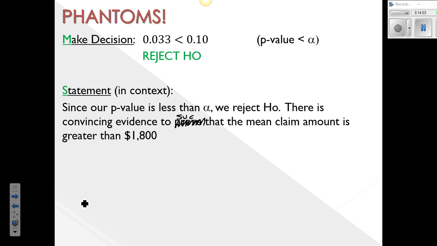I would say that would be the appropriate replacement word, if that makes sense. Because we would need to do this a little bit more often. We would need to replicate this to really use the word prove. Does that make sense? So I adjusted that. So there is convincing evidence to suggest that the mean claim amount is greater than 1,800. I think that's much better. It's safer. Okay.